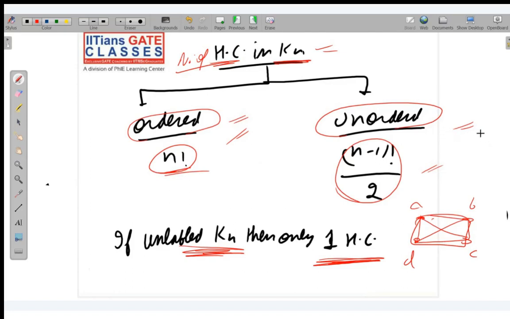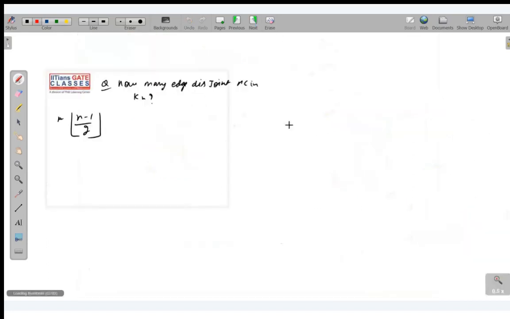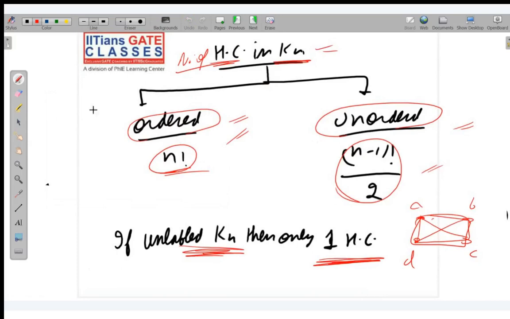Okay, so how many edge disjoint Hamiltonian circuits in Kn? I have not shown you that yet, so you can make them. For example, we have K4. Ordered will be 4 factorial, that means 24.